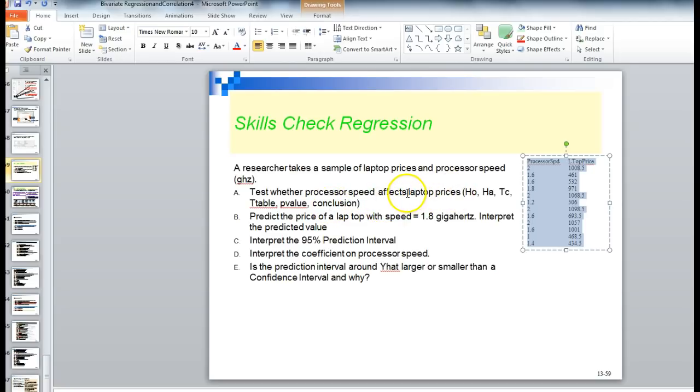We will test beta equal to 0. We will predict when your speed is equal to 1.8 gigahertz. You will interpret the prediction interval, the coefficient on processor speed, so that's your beta, and answer the question: is a prediction interval around y hat larger or smaller than a confidence interval in y?